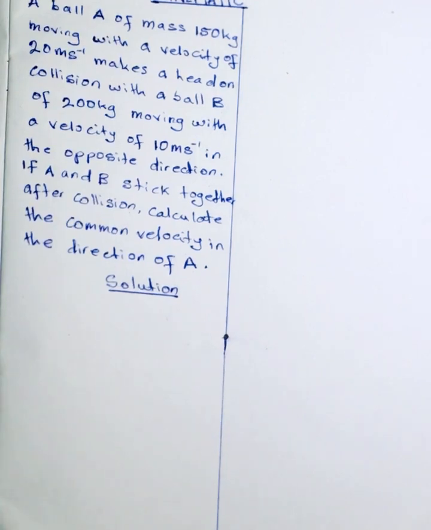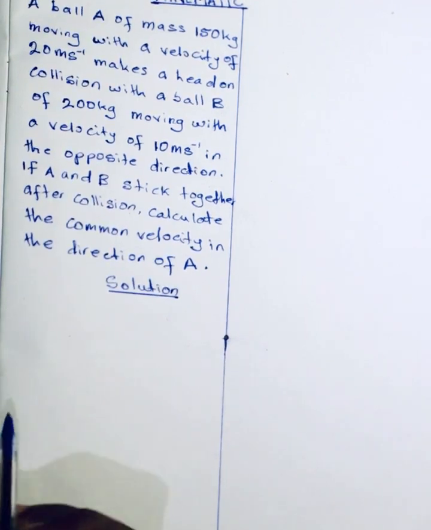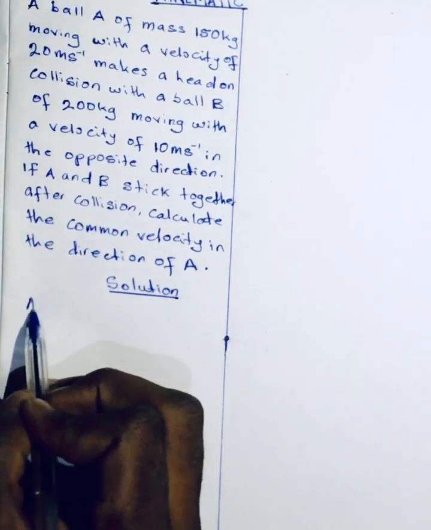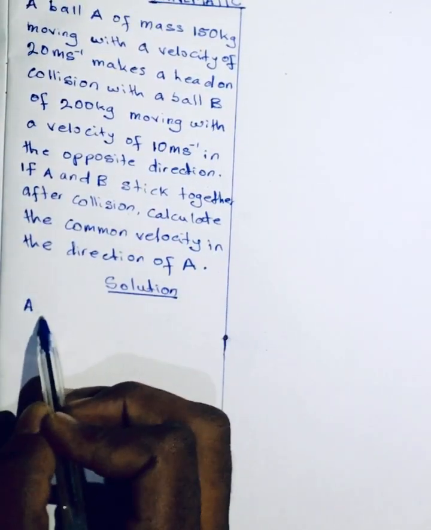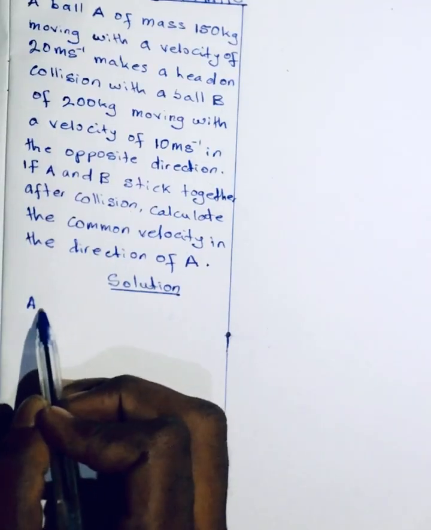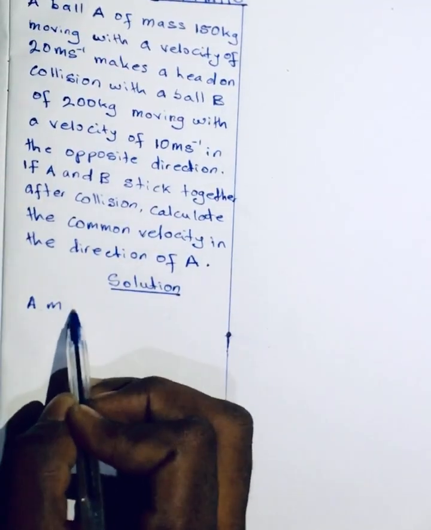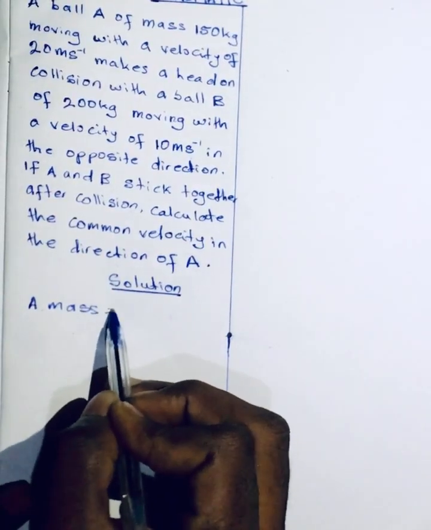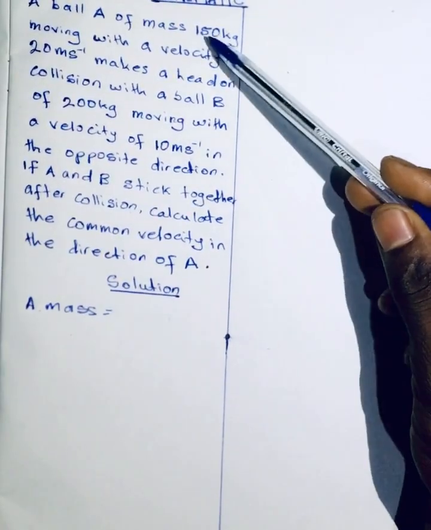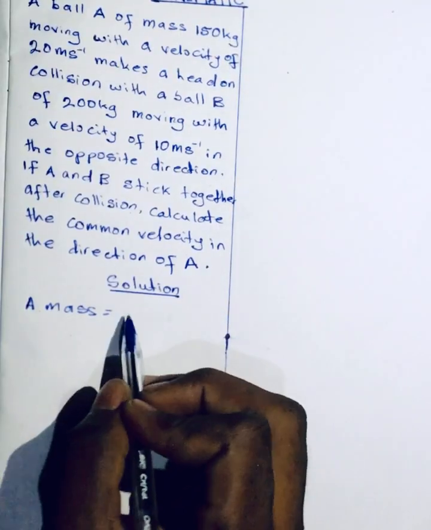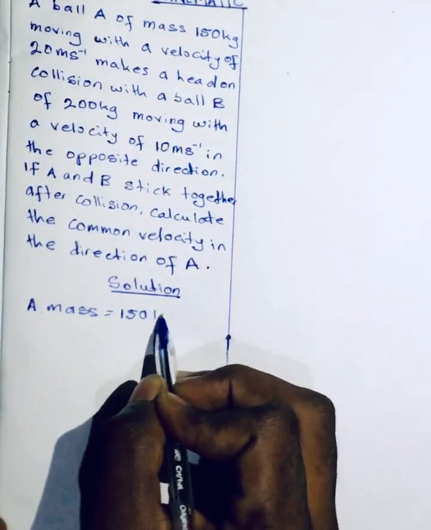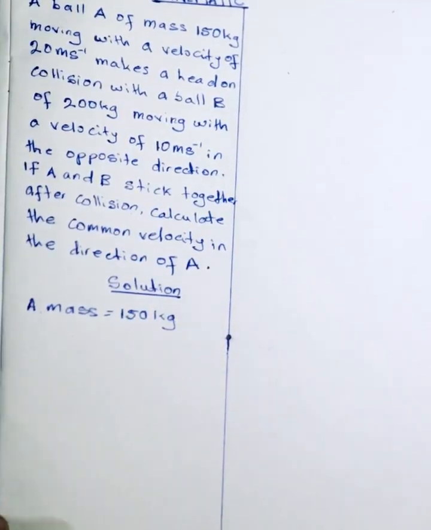Let's say body A, which is the ball A, has a mass equal to 150 kilogram.